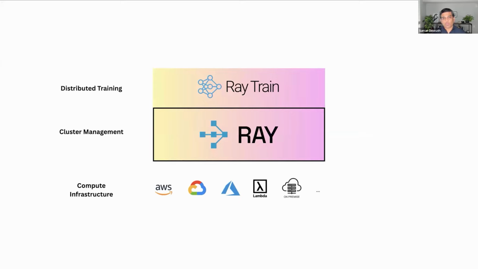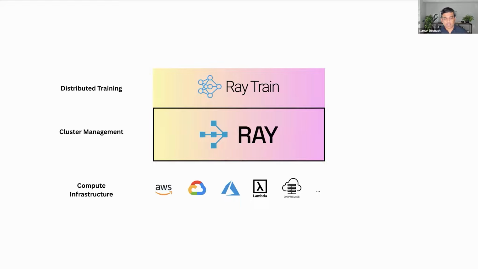And then we have some specialized AI libraries which are built on top of Ray Core, and these libraries perform different tasks. So we have different libraries for training, inference, for RL, etc. For today's session, we are going to talk about Ray Train.